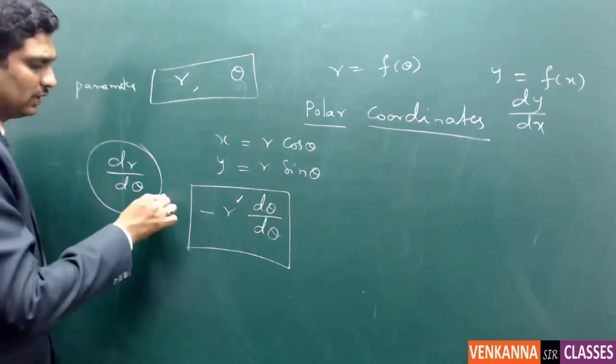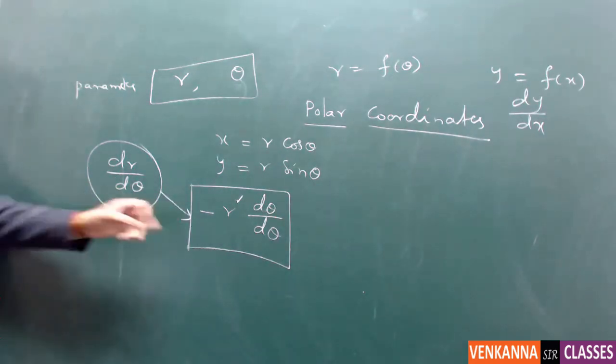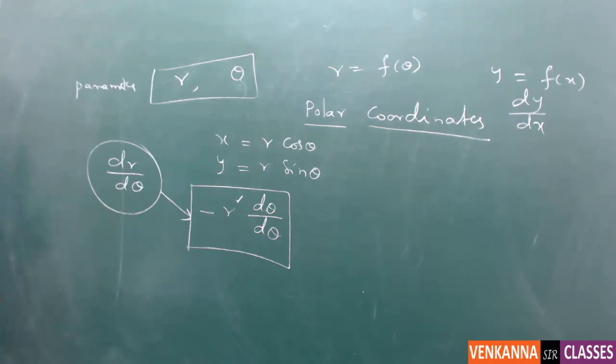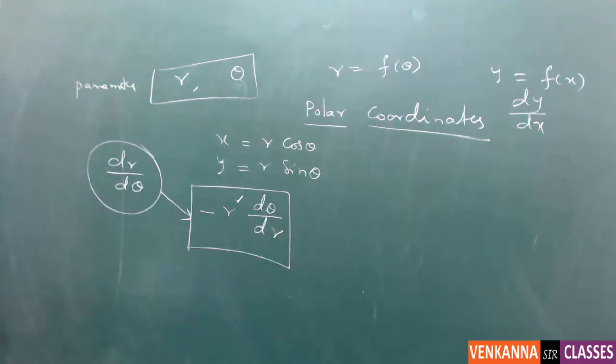So the replacement should be done like this: minus r squared d theta by dr, right? Please take a note of that, and we are going to do some problems on it.